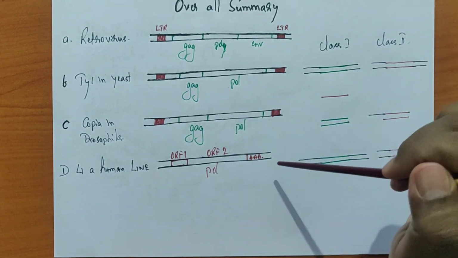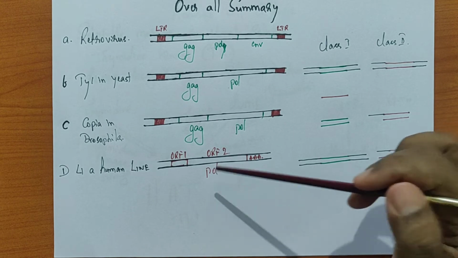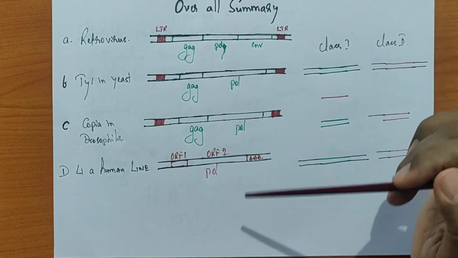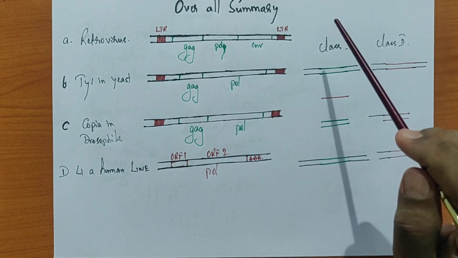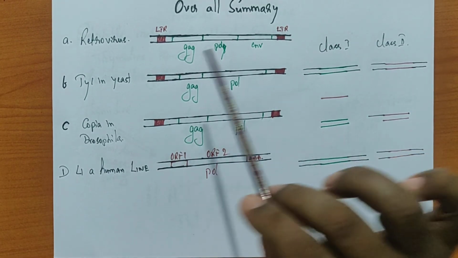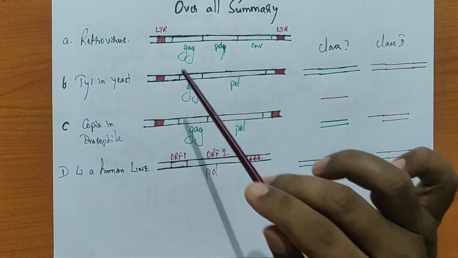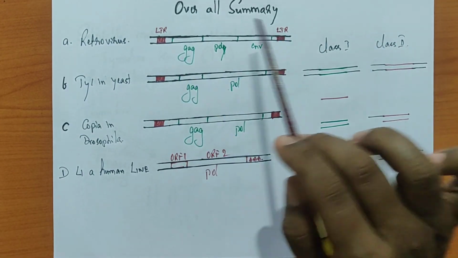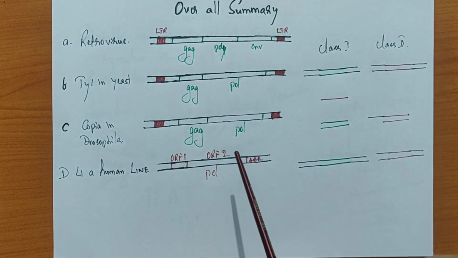These are the repeated units present in eukaryotes, especially in humans. We will try to understand what the similarities are, because in the previous one we discussed the right border and the left border, but now in case of these transposable elements, the borders, the LTR, long terminal repeats, are very important.